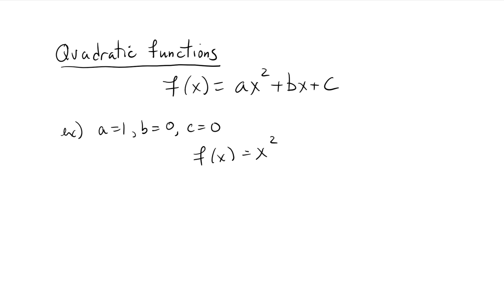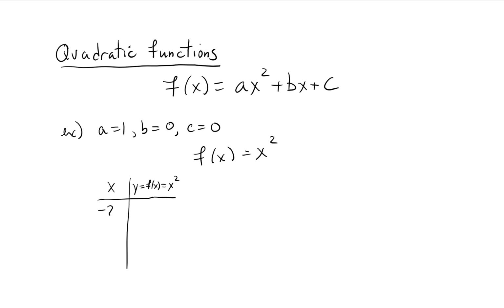And I want to look at its graph. Maybe I'll choose a few points. Once again, maybe I can even write y equals f of x equals x squared, just to remind myself that this is the column for the y values, or the y coordinates of my points.